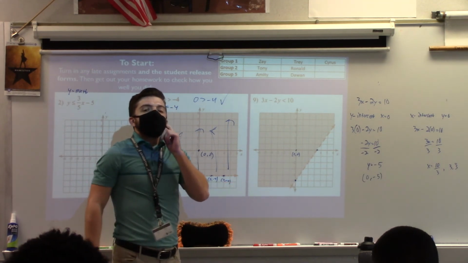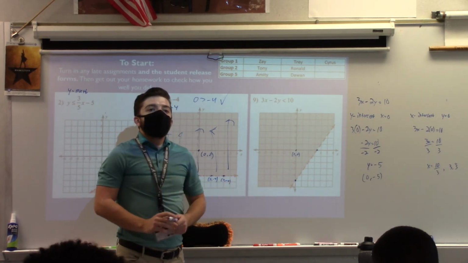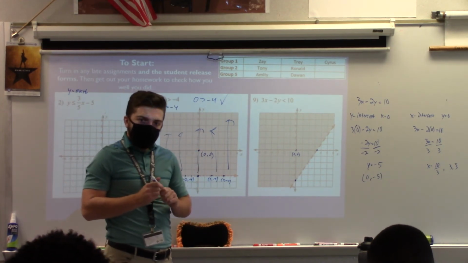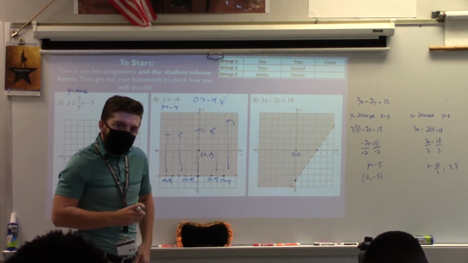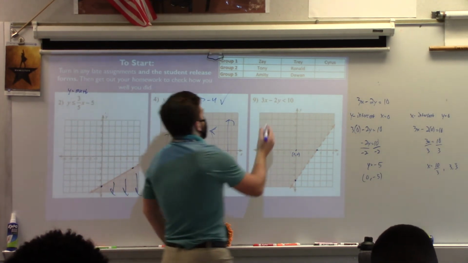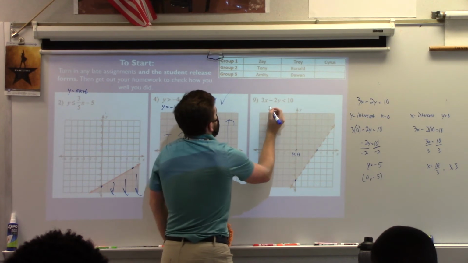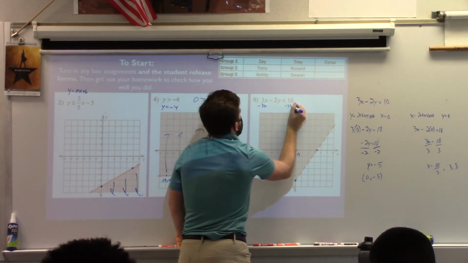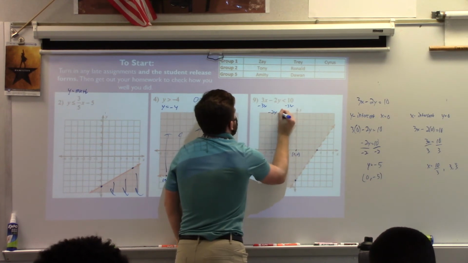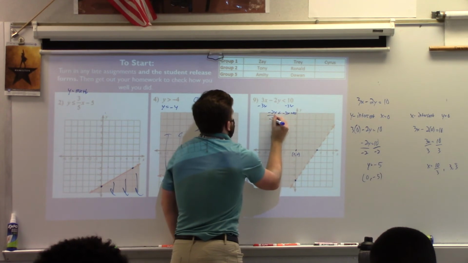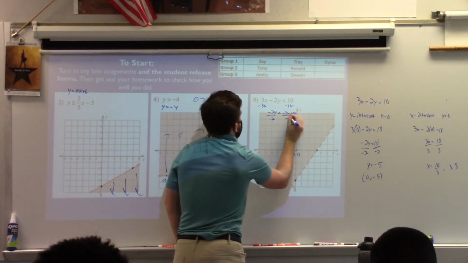What were you saying? Divided by a negative. So when you subtract this 3x, you get negative 2y is less than negative 3x plus 10, and then we divide by that negative 2, just like we did for the boundary line.